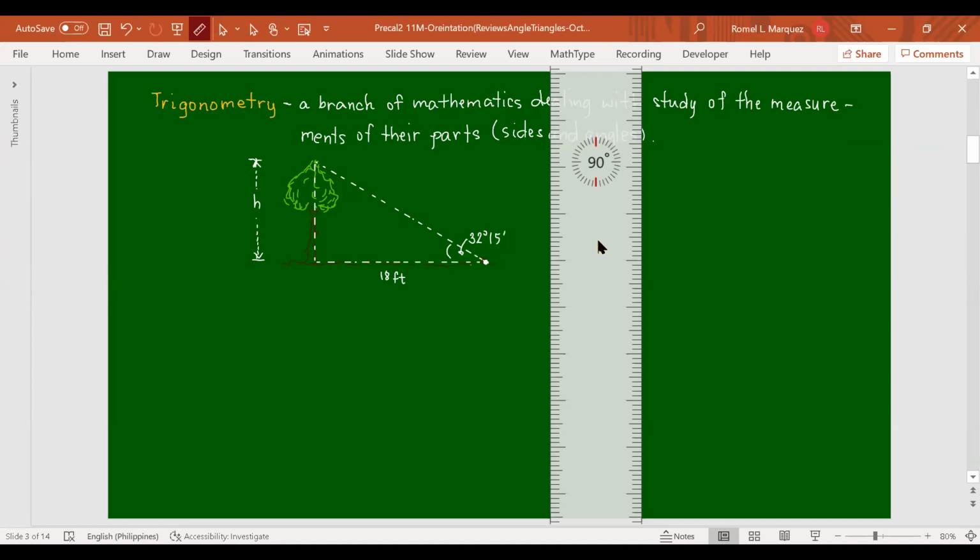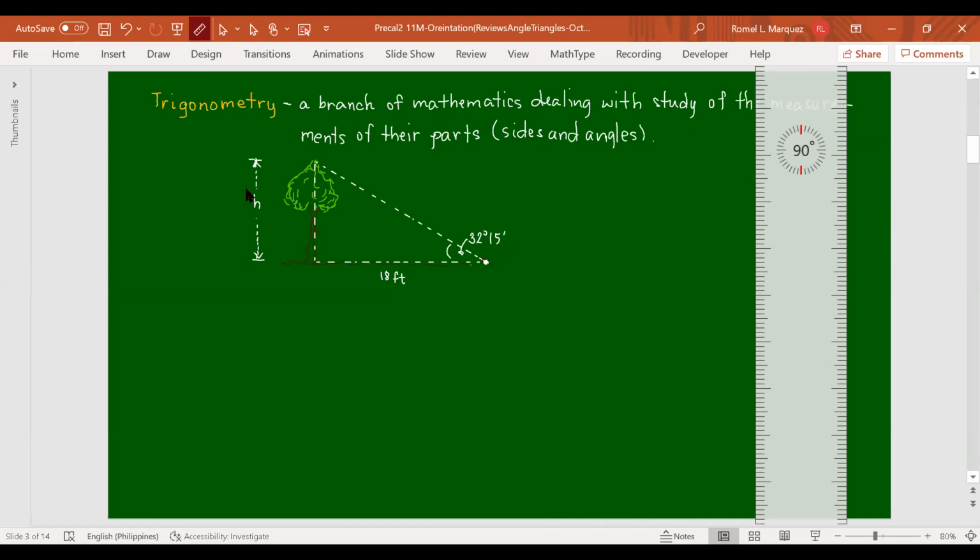So using trigonometry, it is possible to get the height of the tree without going to the top of this tree. With this information, of course we assume that this is 90 degrees.